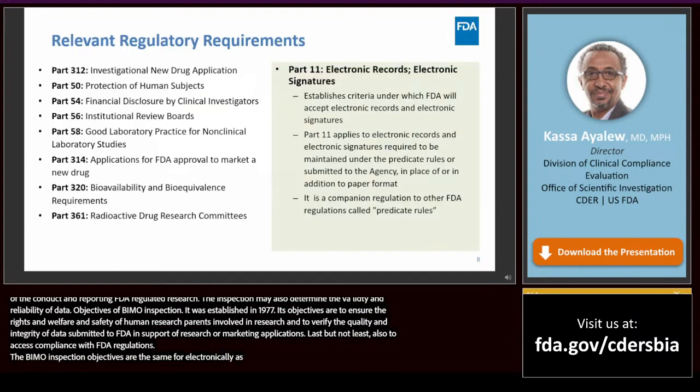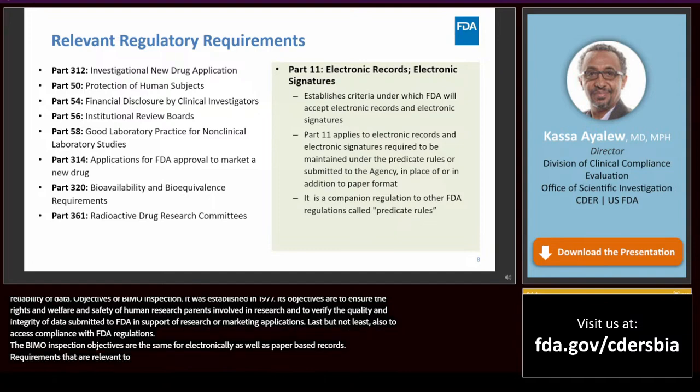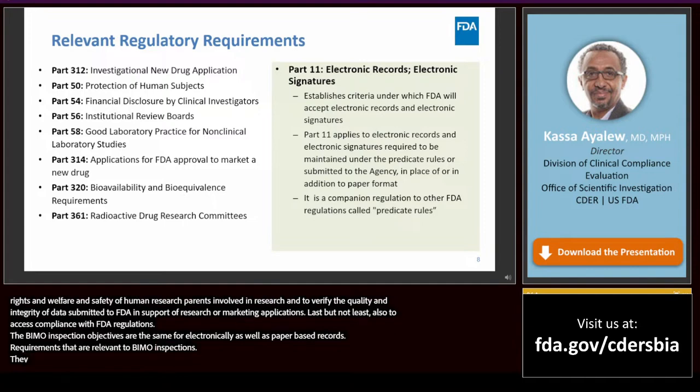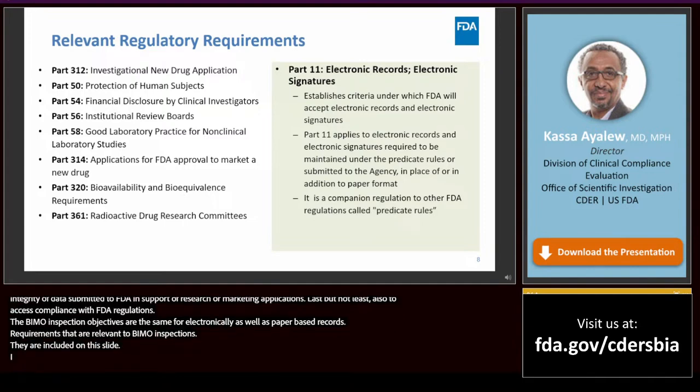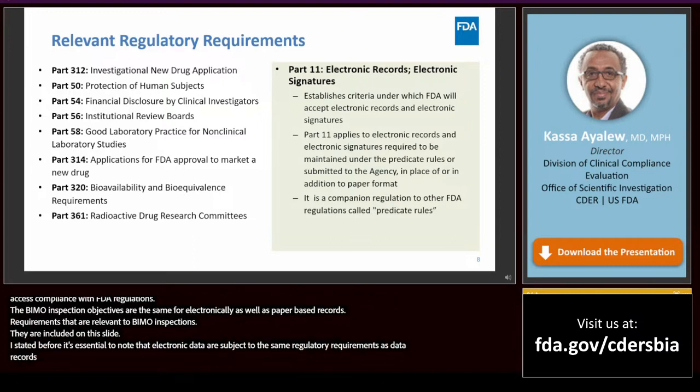FDA regulatory requirements that are relevant to BIMO inspections. Important regulations related to BIMO inspections are included on this slide. As stated before, it is essential to note that electronic data or records are subject to the same regulatory requirements as data and records from paper. Sponsors and investigators are expected to comply with all applicable regulatory requirements expected of paper records.